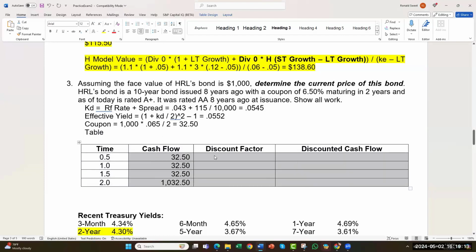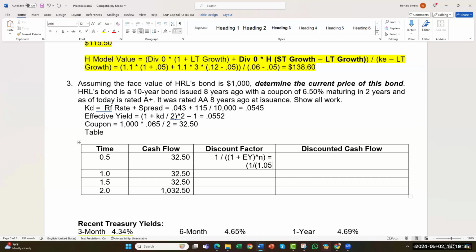Our discount factor is going to be 1 divided by 1 plus the effective yield raised to the time. So here it's going to be 1 divided by 1.0552 raised to the 0.5. And I get 0.9735.